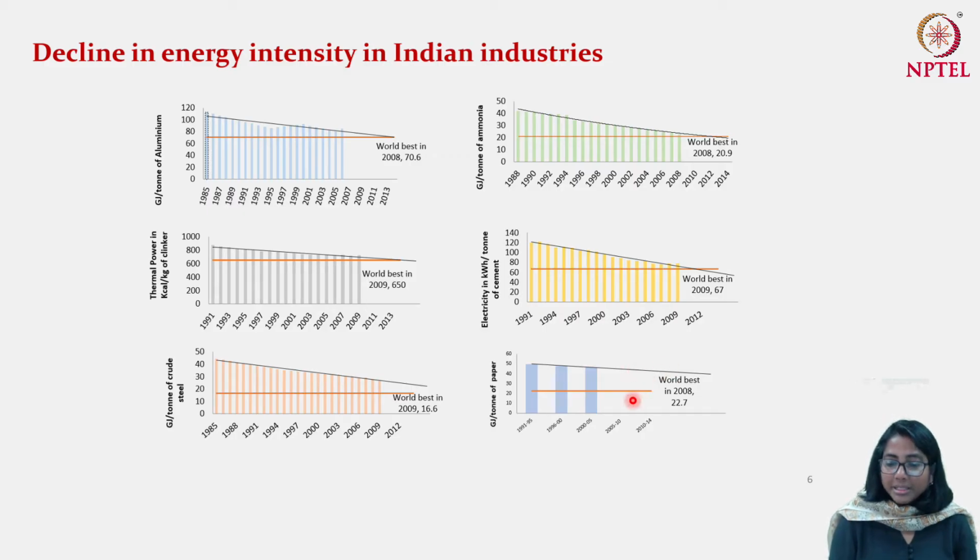So probably there is more scope for policy intervention in the paper industry in order to increase the rate of decline of energy intensity, or to see how we can achieve the world best. This is very important because you are talking about energy intensive industries. A lion's share of energy consumption goes to these industries, and managing their demand is one of the biggest agendas of the government. In later lectures we'll explore the different policies that the government is taking to do that.